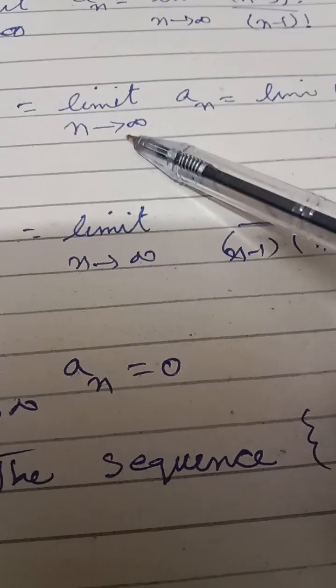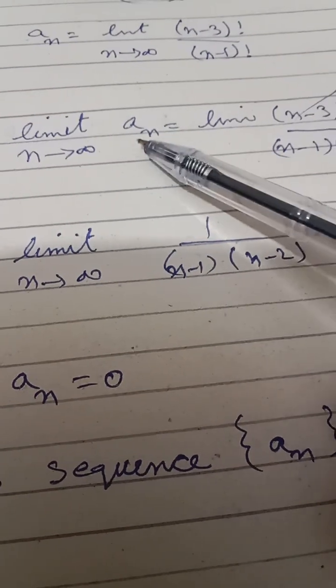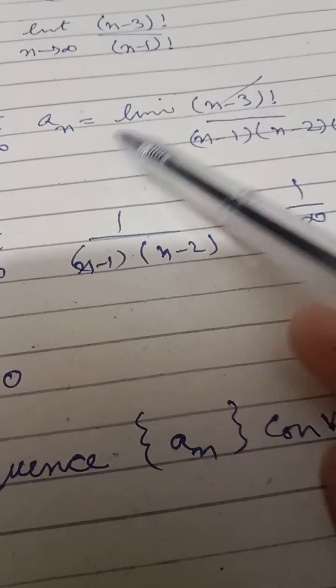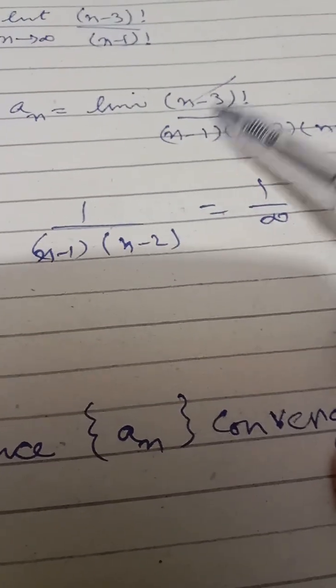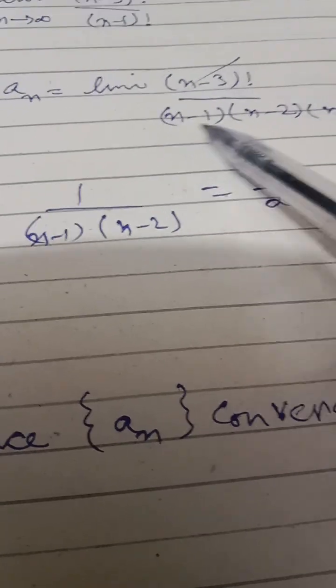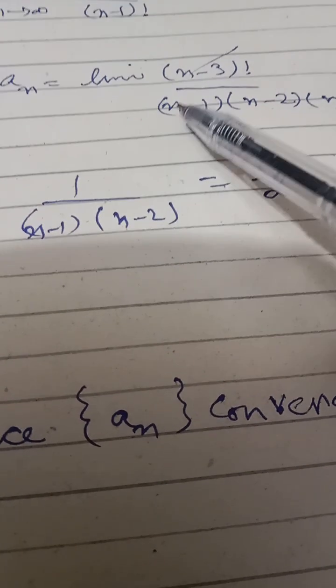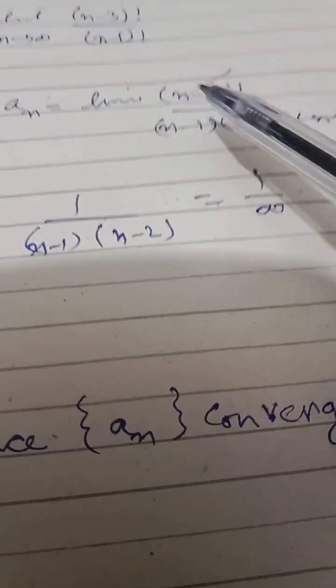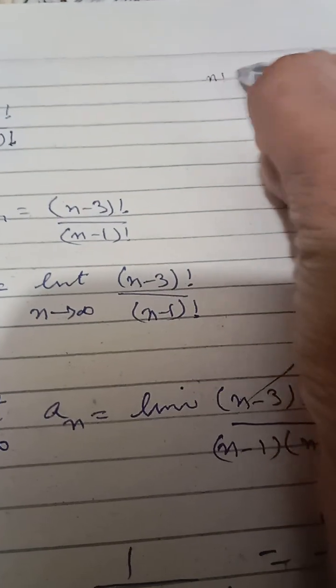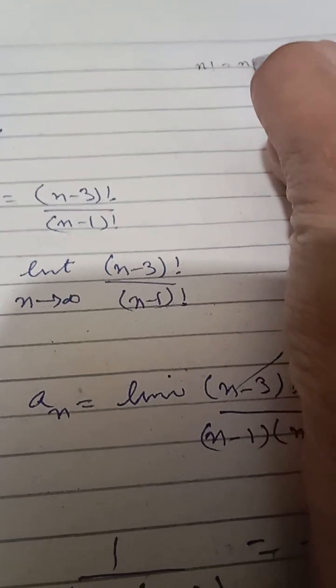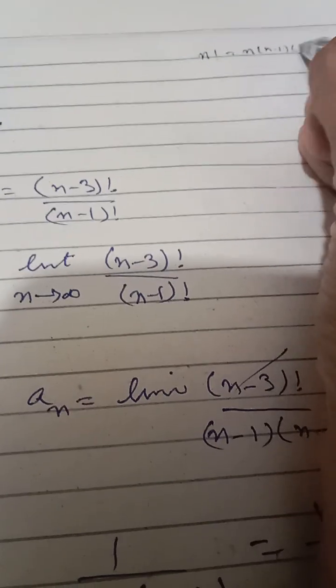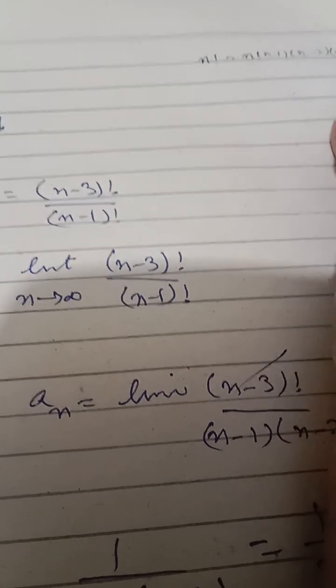We know that n factorial is n into (n minus 1), (n minus 2), (n minus 3) and so on to 1 factorial.